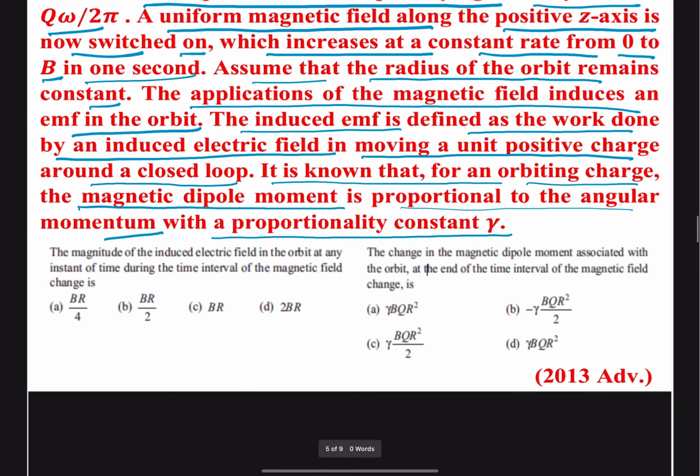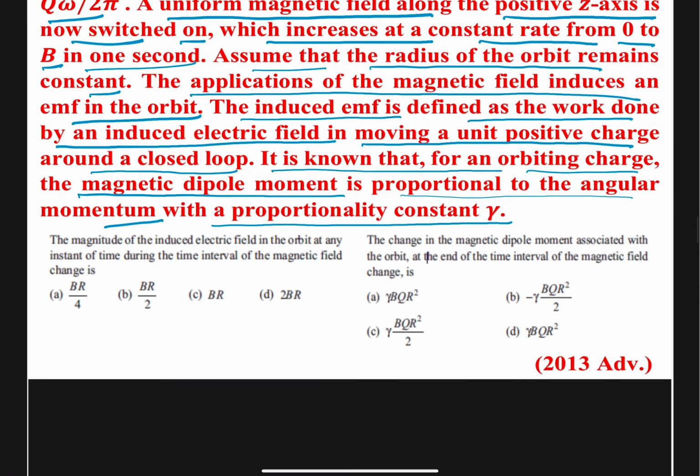So based on this discussion, we have two questions. In the first part, it is asked that the magnitude of the induced electric field in the orbit at any instant of the time interval of the magnetic field is. In the second part, the change of the magnetic dipole moment associated with the orbit at the end of the time interval of the magnetic field change is given by one of the correct options.